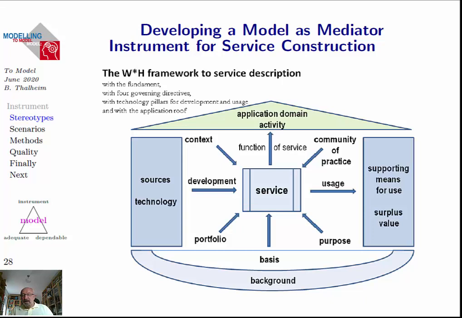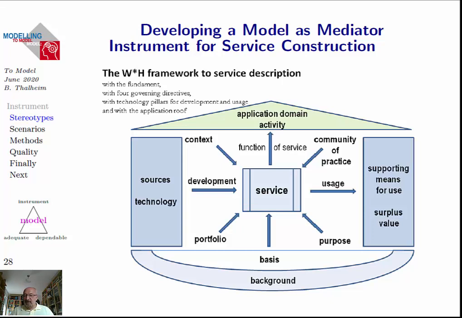Let's consider an example. Let's say we would like to develop a software service. In this case, we know the basis and the background of our systems, our environments. We know some kind of sources for the technology, and we are looking for a service that is really properly usable, that reflects the purpose.